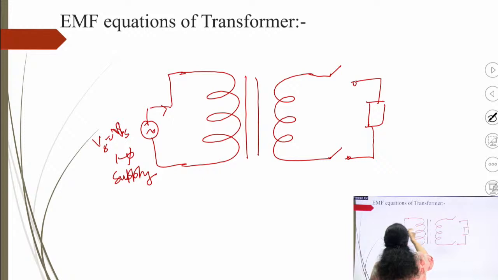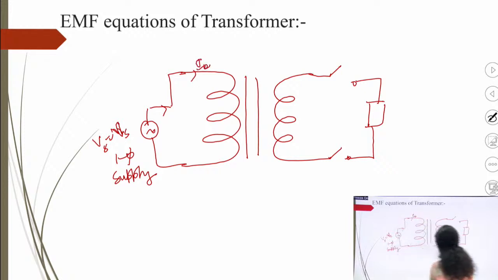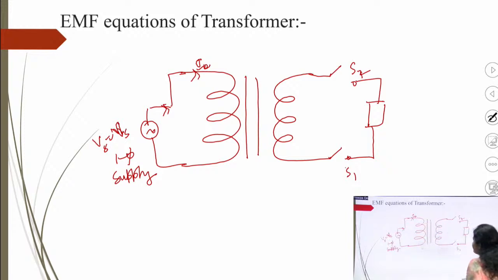According to the principle of the transformer, as we apply the input voltage, the current will start flowing, that is called the no load current. Suppose the switch S1 S2 is open here, and when the voltage is applied, the current will start flowing.